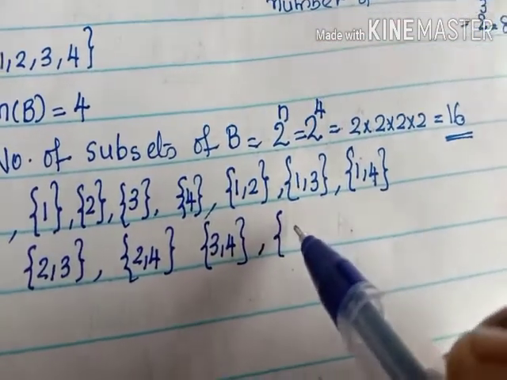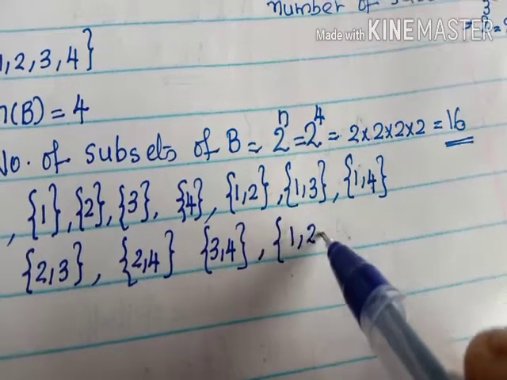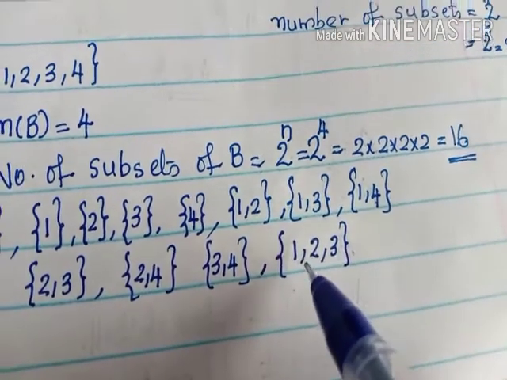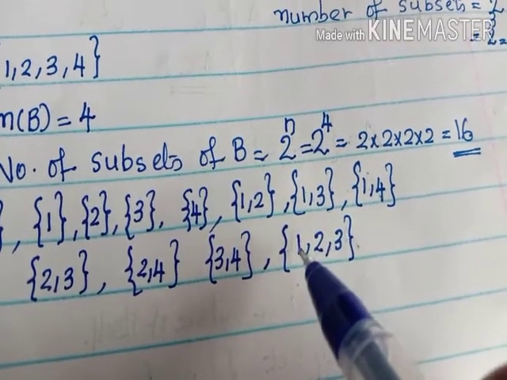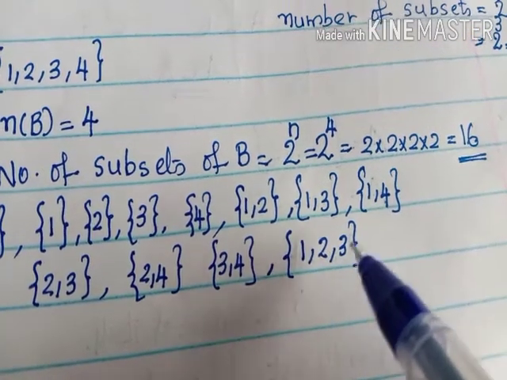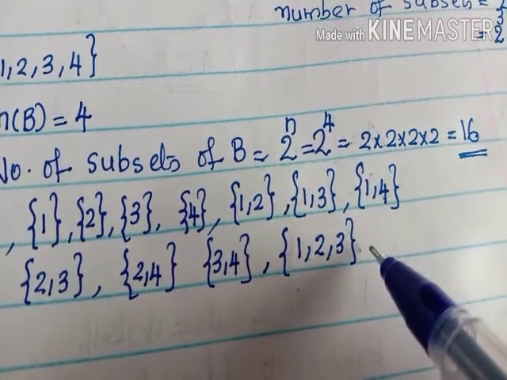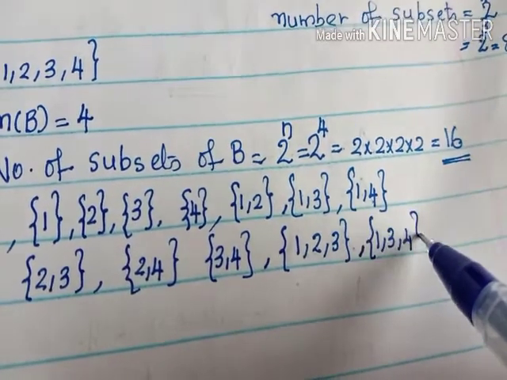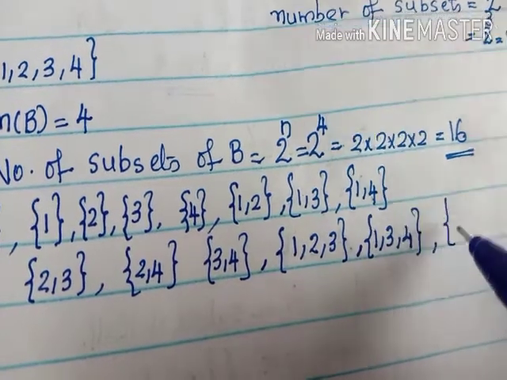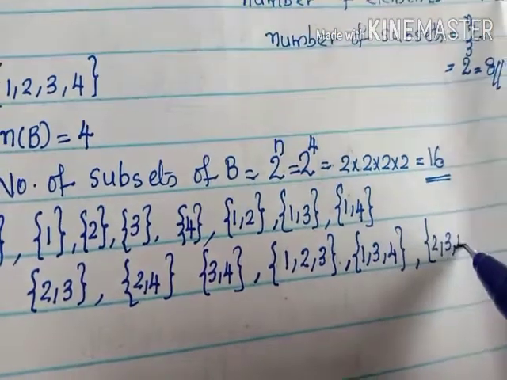Now moving to the sets with 3 elements. So {1, 2, 3}. Listen, {1, 2, 3} is the same as {1, 3, 2} or {2, 1, 3} or {3, 2, 1}. All these sets are the same. So {1, 2, 3} or {1, 3, 4}. Now {2, 3, 4}.